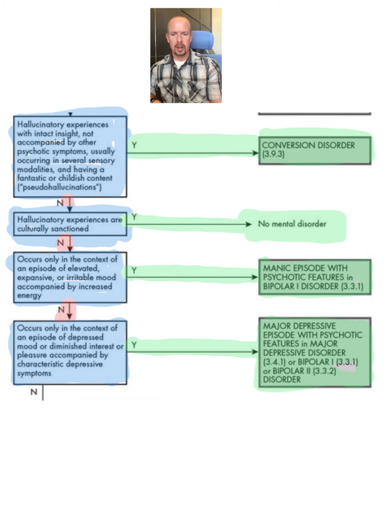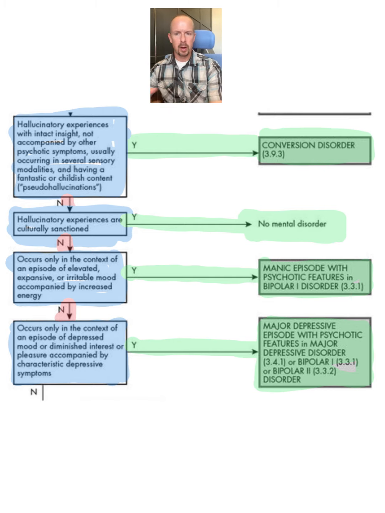So that's kind of a quick little summary of this section, particularly hallucinations in the context of an elevated, expansive, or irritable mood, which would be bipolar 1 with psychotic features. Or if we drop down and it's in the midst of a major depressive episode, it would likely be a major depressive episode with psychotic features.